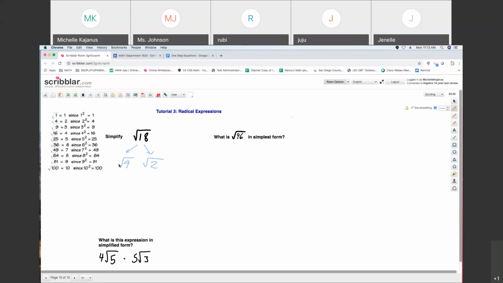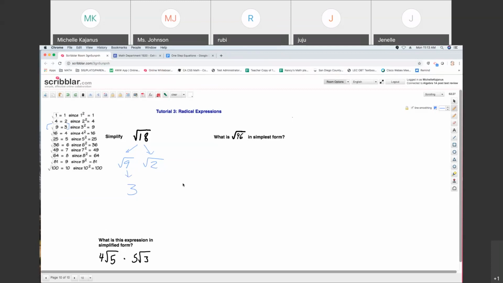Then you start all over again. Do 9 or 2 have a square root? So you go back to your list. Actually, 9 does have a square root. The square root of 9 is 3. So this just becomes 3 times the square root of 2, which does not have a square root.